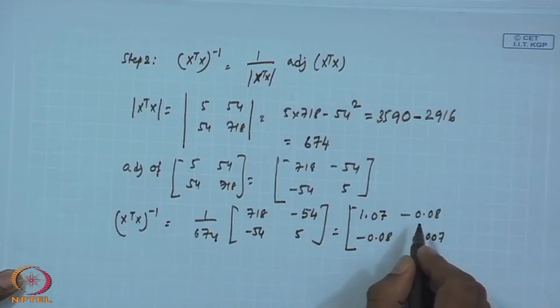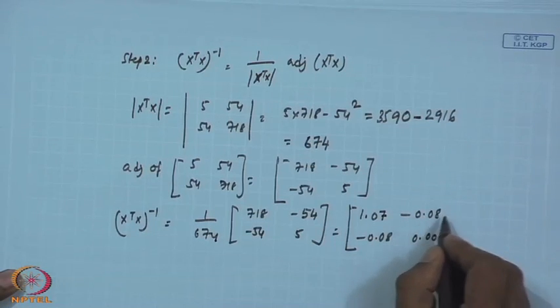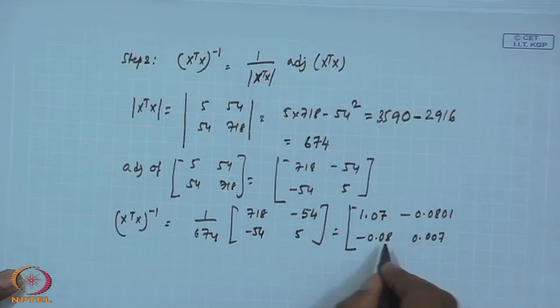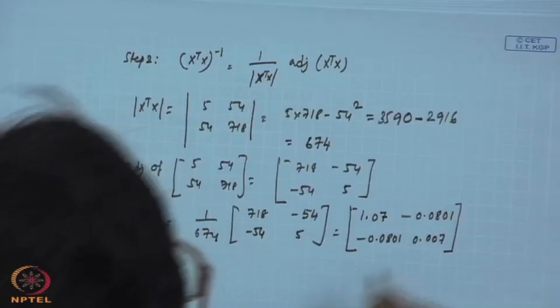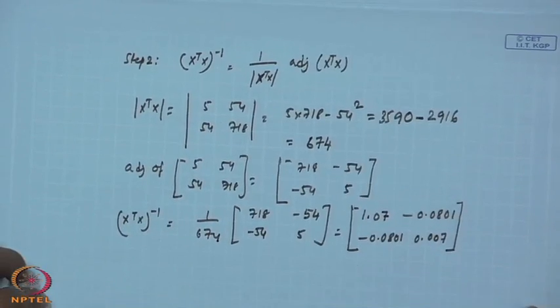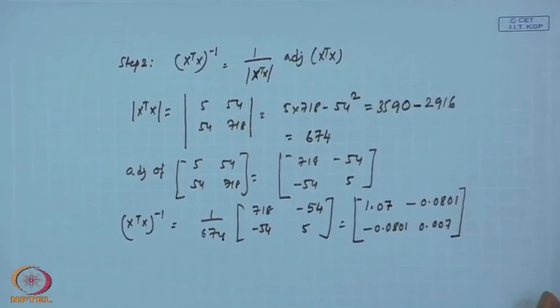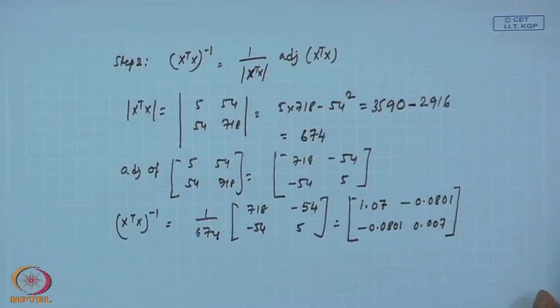If you go a little further and want to make it, then 0.01 something will come for the digit case. Okay, then what do you require to know now? You require to know X transpose Y.